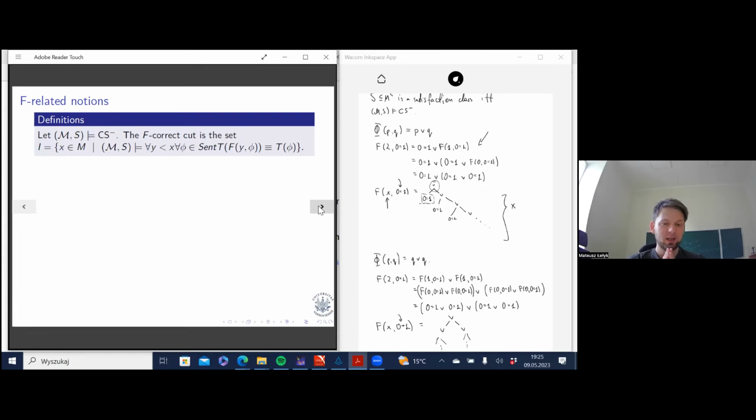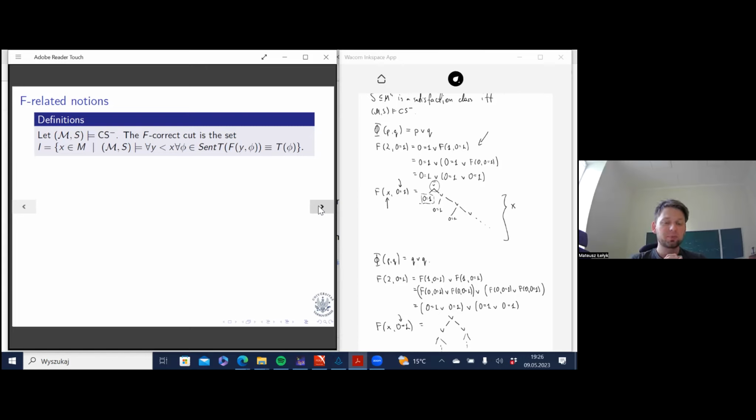We say that I is the F correct cut in this model if and only if I is the longest initial segment of this model M which consists of those numbers x such that our satisfaction class validates this idempotency of F whenever F is iterated x times on every sentence.